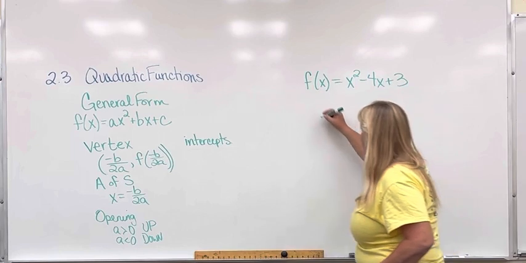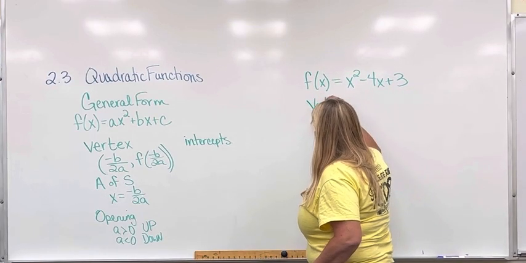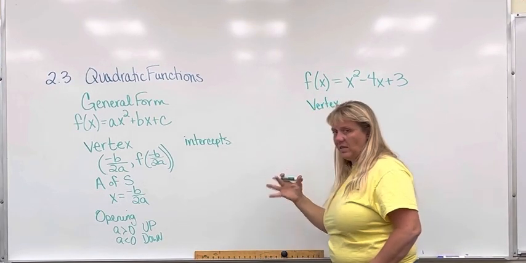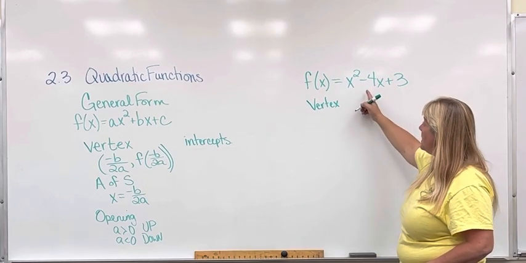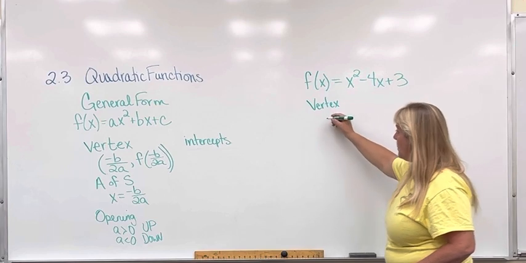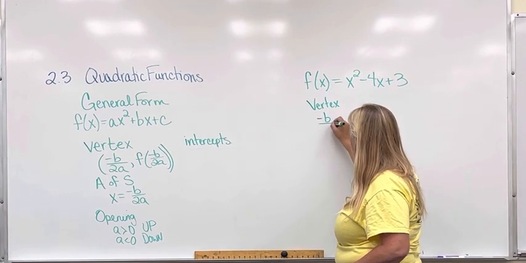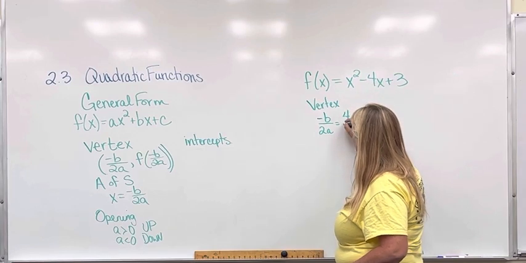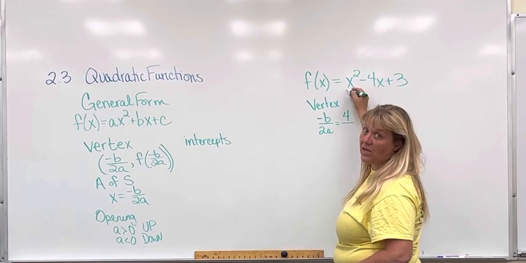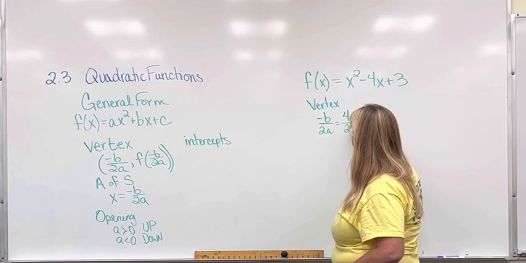So let's start with the vertex. But remember, in this one, this is where it takes a little bit to figure this out. So instead of just picking off numbers, we need to go negative b over 2a. In our case, negative b over 2a is going to be positive 4 over 2 times 1, which is just 2.